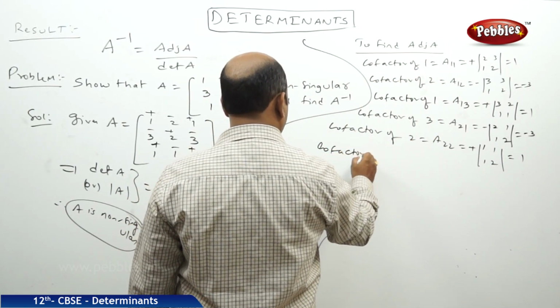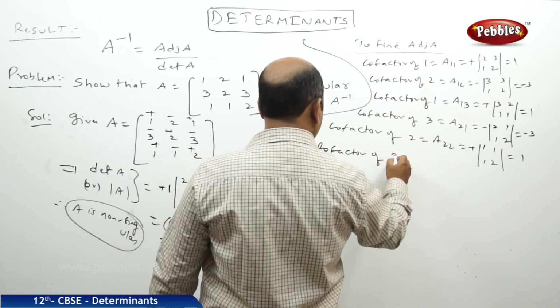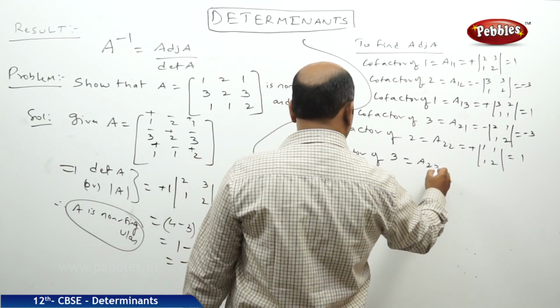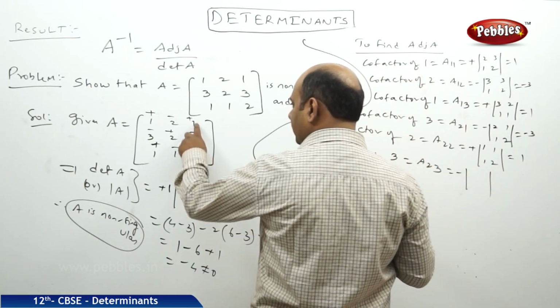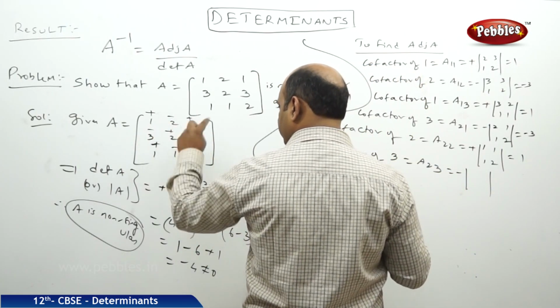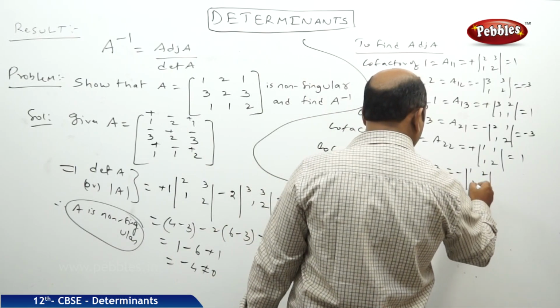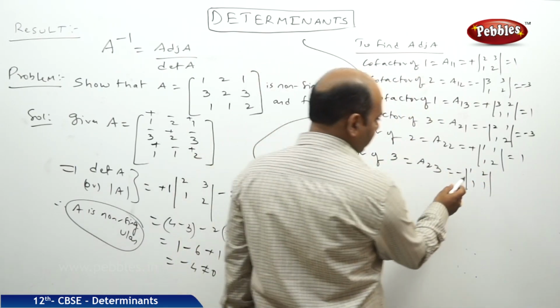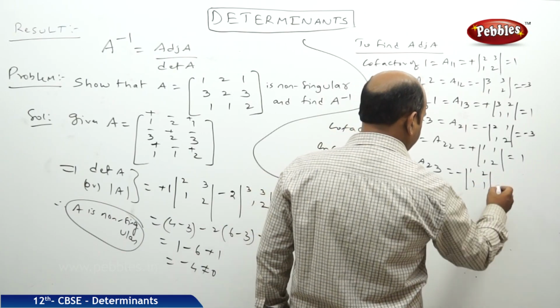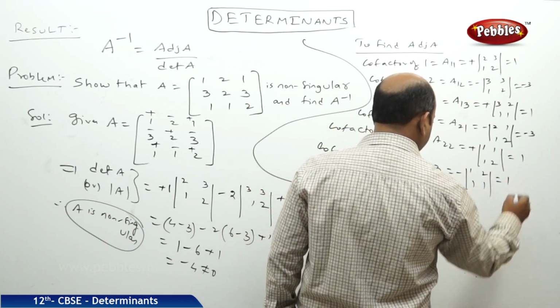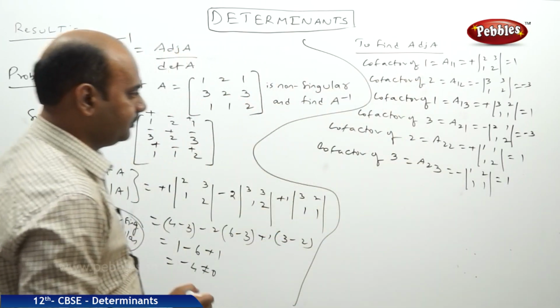Next, cofactor of 3. That means A23 and here there will be minus sign into its minor. Minus sign into its minor means 1 2 1 1, which means 1 minus 2, that means minus 1. So outside minus sign will be there, so 1.